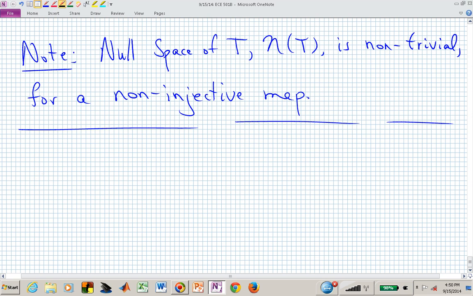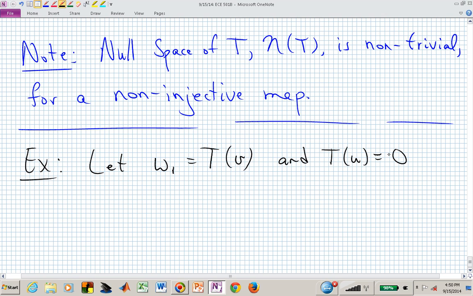What you may want to do is find a more explicit example, but let me just talk in general terms. Suppose we let W1 be the output of a linear map T operating on V, where V is in the domain. And suppose we have another vector U that's in the null space.